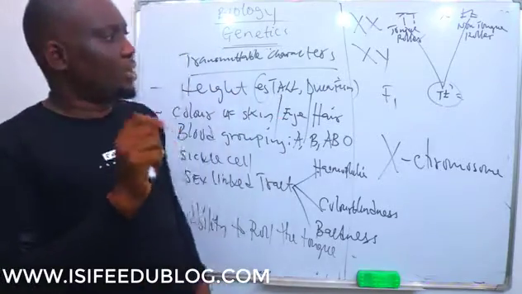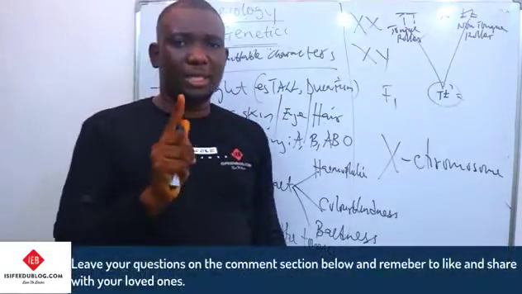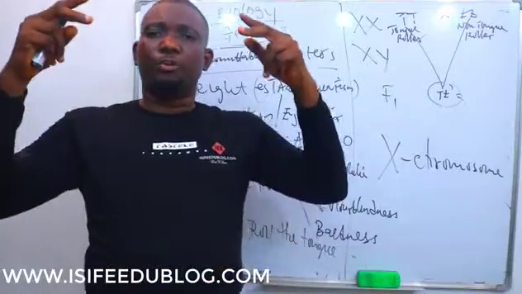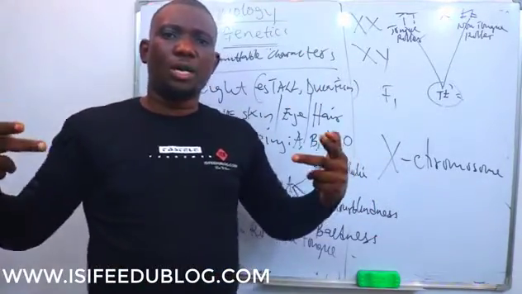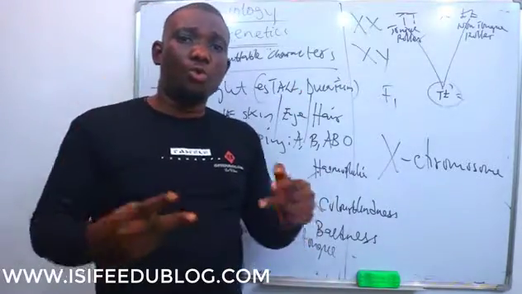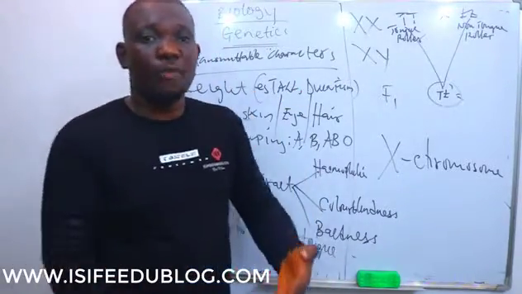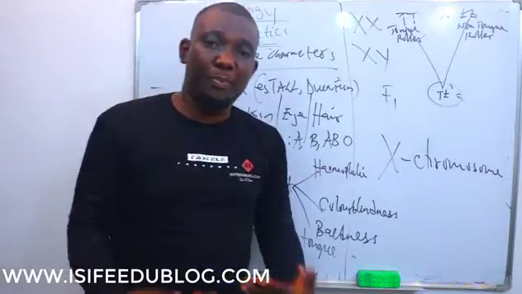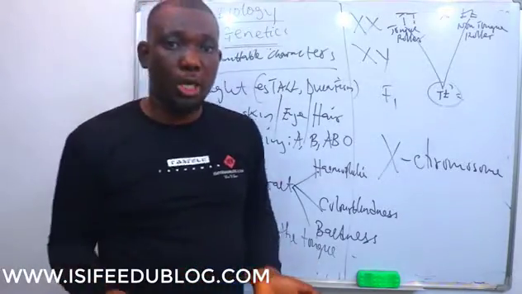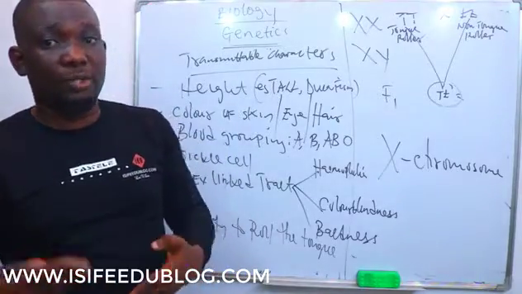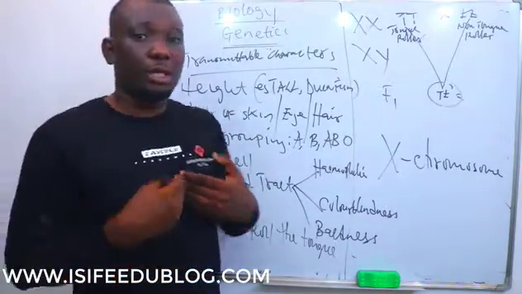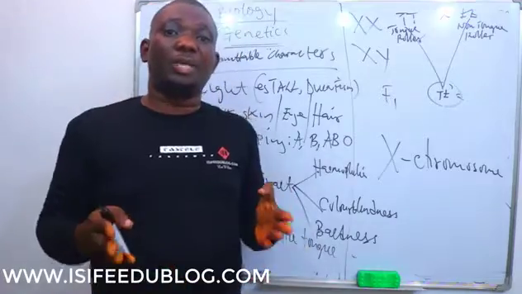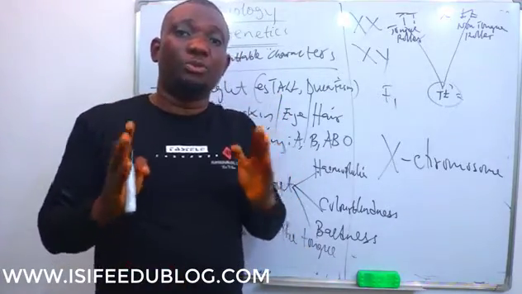But what will also be interesting to know in this video is that it is also possible for both parents who can roll their tongue to still give birth to offspring or progenies who cannot roll their tongue. Supposing couples who can roll the tongue give birth to offspring who cannot roll the tongue, it means that both parents have an impure genotype for tongue rolling.